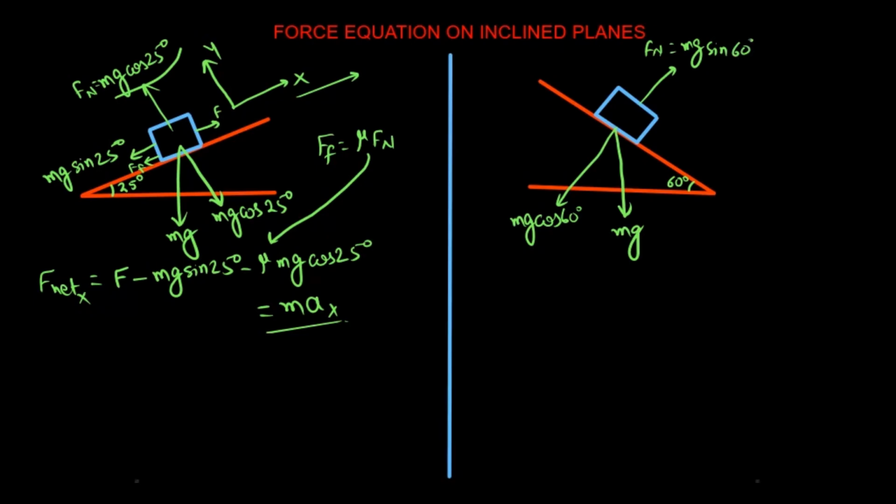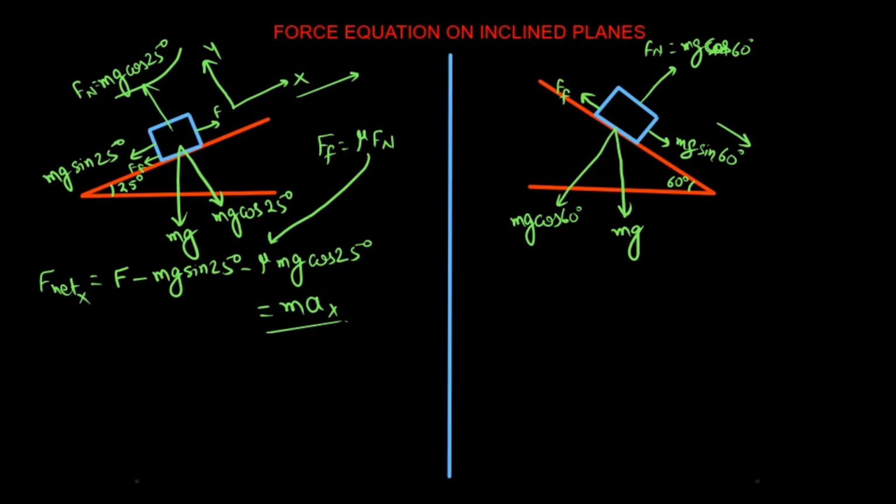The other component of mg, mg sin 60, would be acting downward like this, mg sin 60. And if there are no other forces acting, then the box is moving downward, and force of friction will be opposite to the direction of motion.